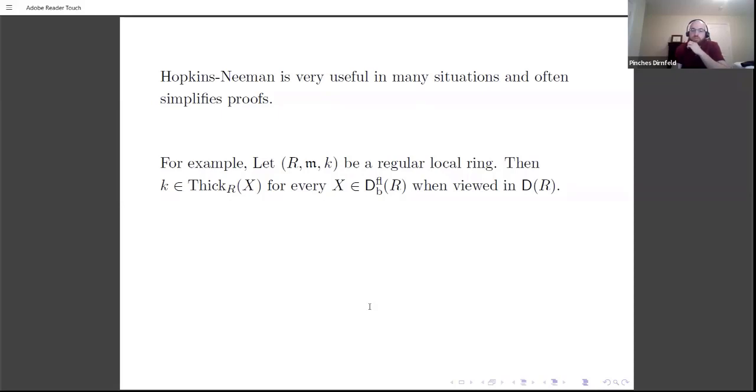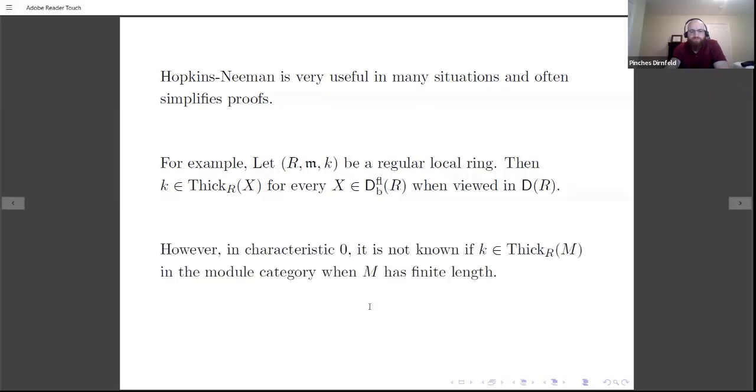If you view this in the derived category, in a regular local ring k is a perfect complex, and you can apply Hopkins and Neeman. However, in the module category, this is not known in characteristic 0. It is known in characteristic p, due to Takahashi, but it's not known in characteristic 0, which is very strange to me. But in the derived category, you can apply Hopkins and Neeman, so it's much easier.